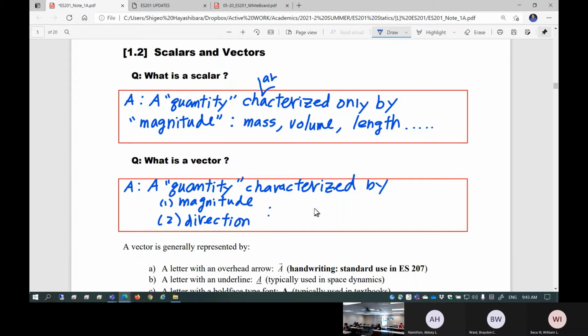What is a good example? Force. Oh, good one. Of course, force. So force is a vector, mass is a scalar.